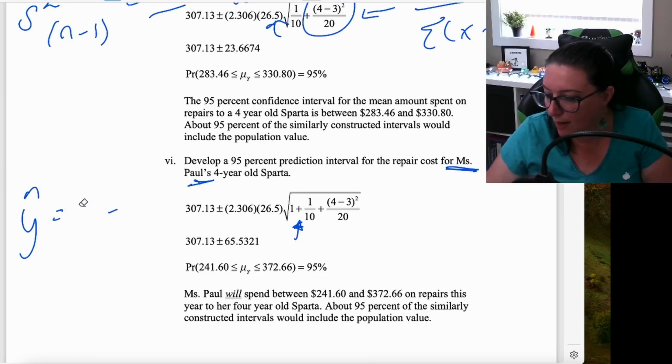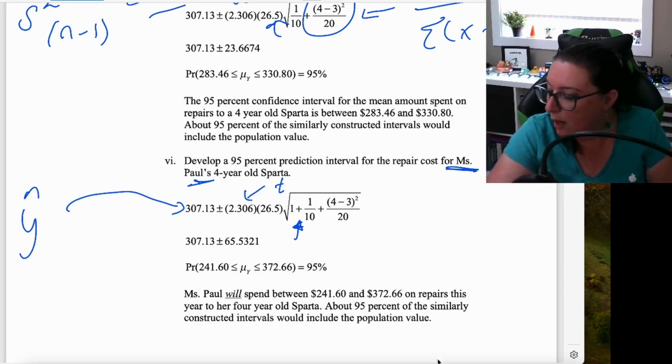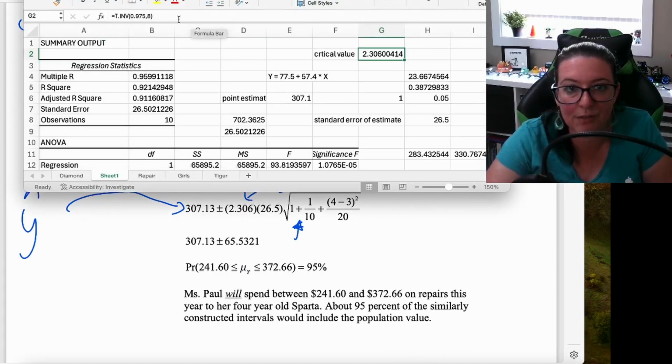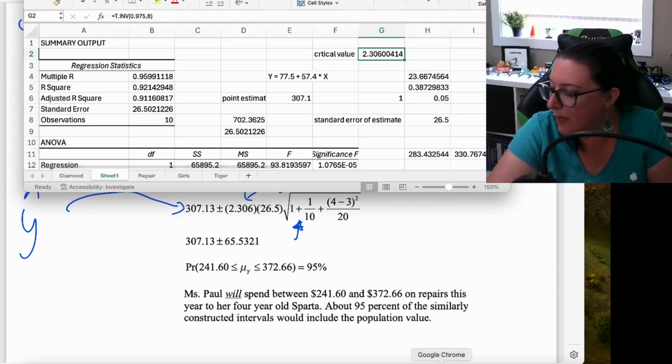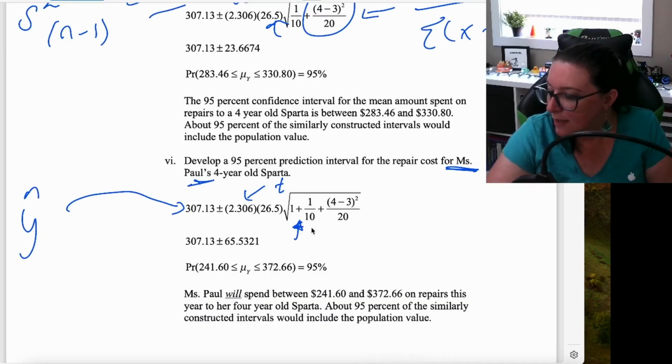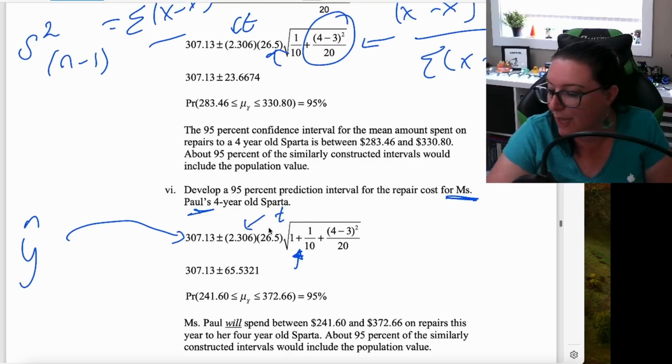That gave us our y hat. Then the 2.306 came from the t distribution, which we could get in Excel by using T.INV. Or we could do it in Python by doing from scipy.special import stdtrit to get that value. Then we had our 26.5, which was the standard error of the estimate.